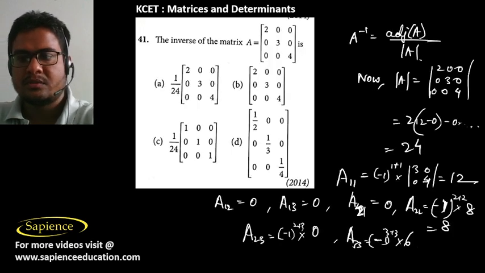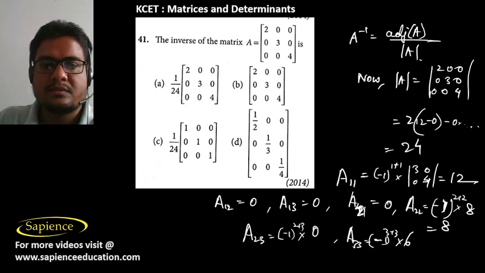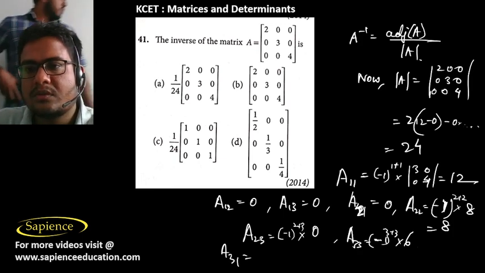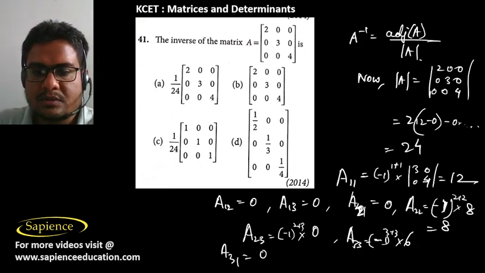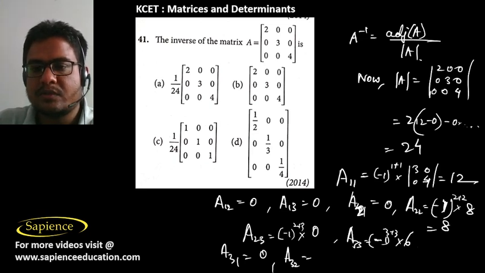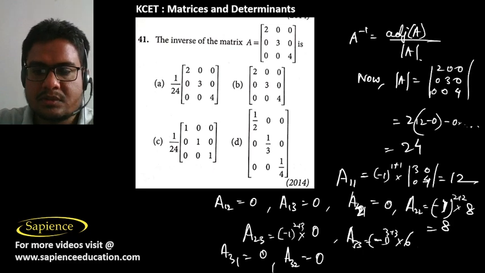Then A33 is 6. A31, the third row and first column we have to remove, so that will be 0, and A32 also, third row and second column we have to remove, that will be 0. That is 0, 0, 6.